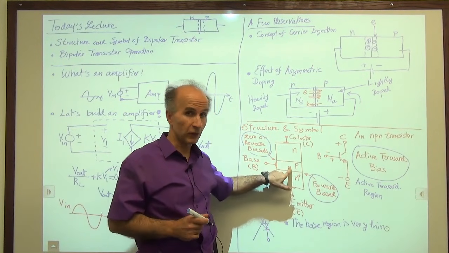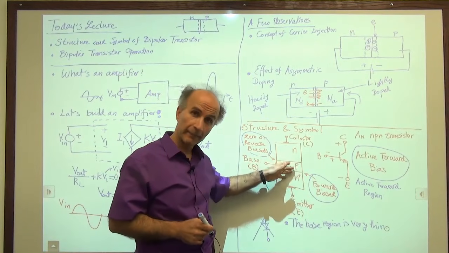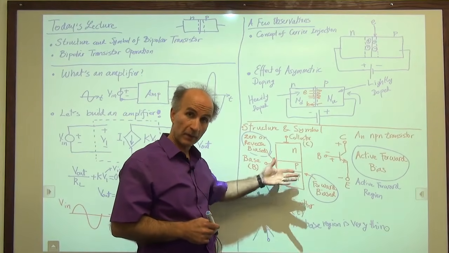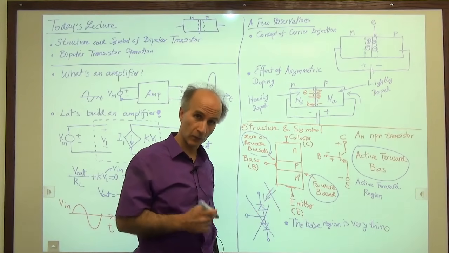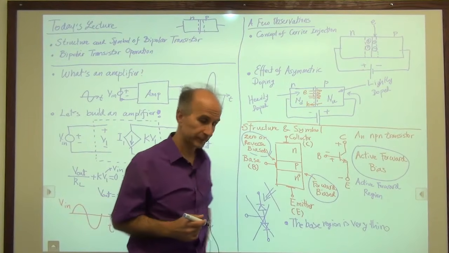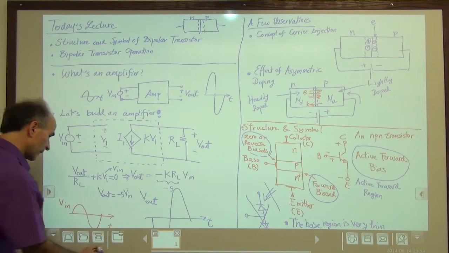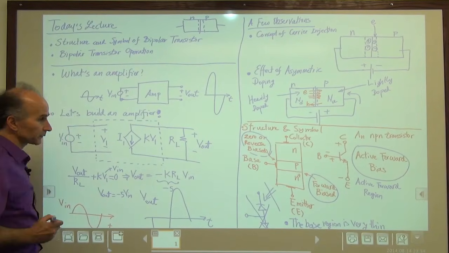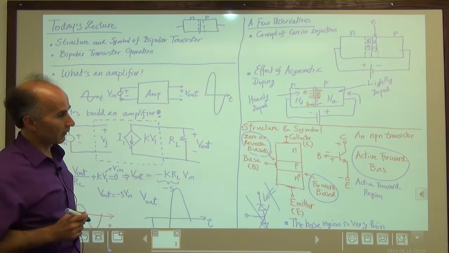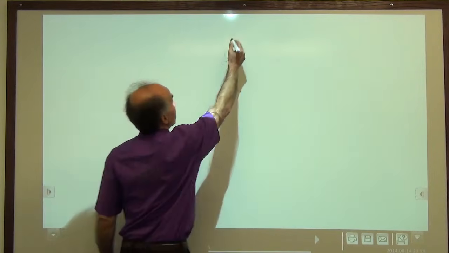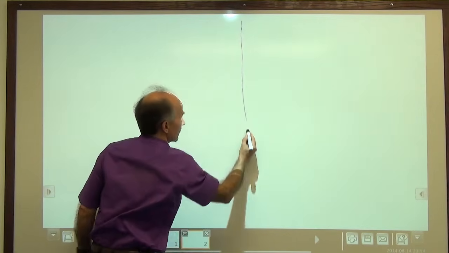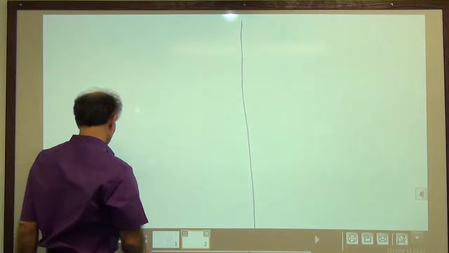Well, that wouldn't be that good. So something else must be happening that makes this device interesting and useful. So we have to understand that. So let's go ahead and add another page here. And then we can go and start into the bipolar transistors.